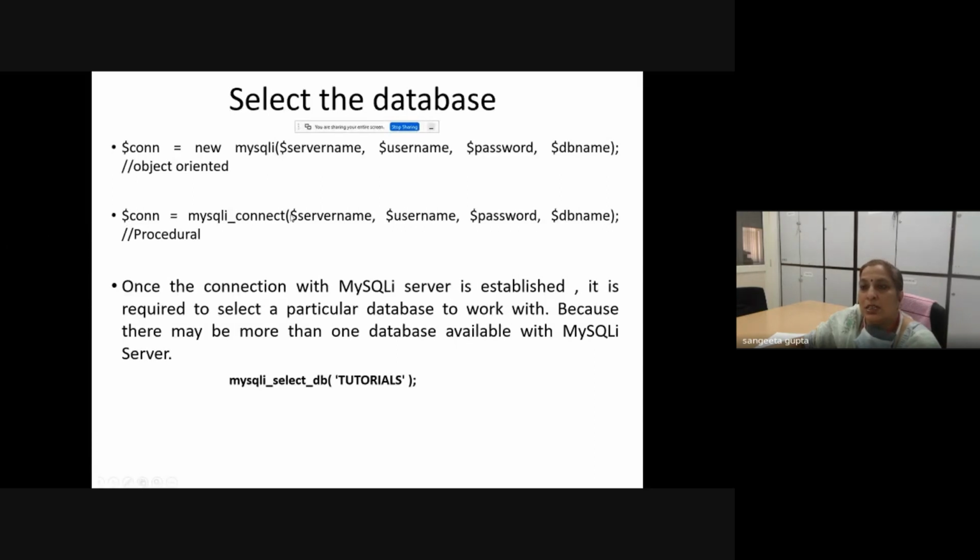So this is the procedural way: mysql_connect with server name, username, password, and the database I have made, like NITTTR. So I will say NITTTR here. Store it in a variable or specify it within single quotes. The object oriented way is the same thing, but here you have to use the object oriented approach.